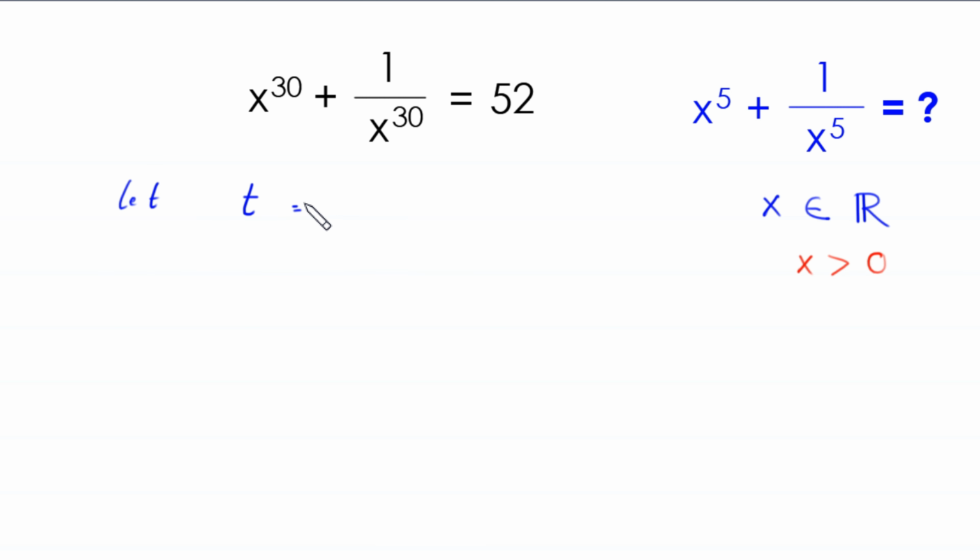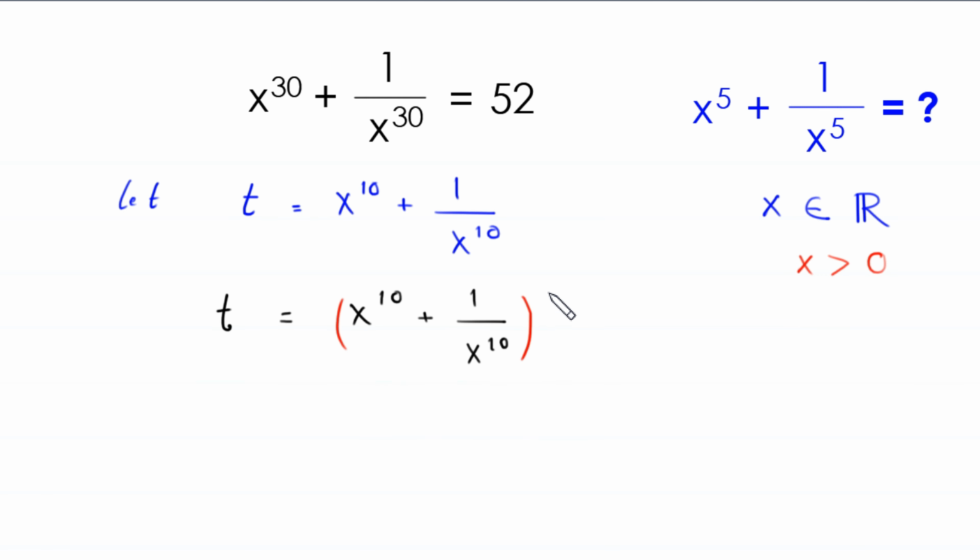First we suppose that t is equal to x to the power 10 plus 1 over x to the power 10, and we take a cube of both sides, so this will become t cubed.